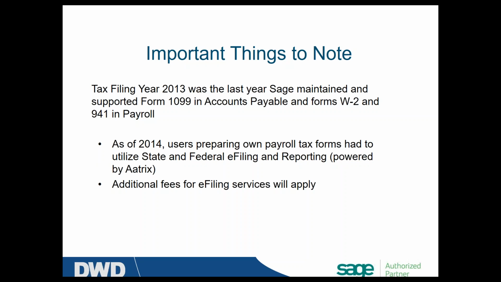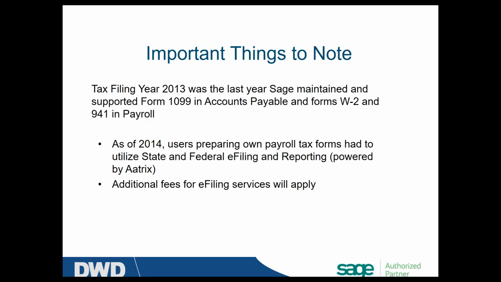Starting with version 2014, they paired up with a company called Atrix, and Atrix works with not only Sage 100 but a number of other accounting software packages, and it facilitates the e-filing and reporting that you can use to process your year-end forms. With that, there are additional fees if you opt to e-file.